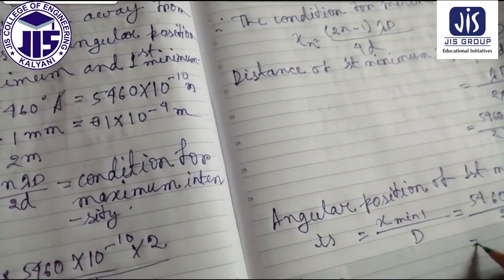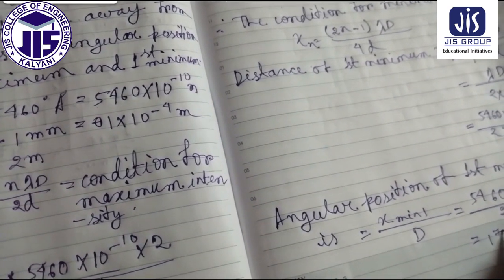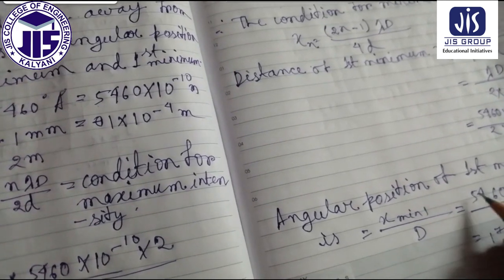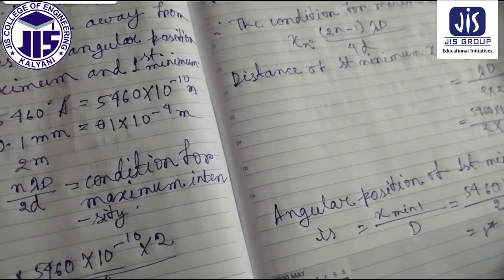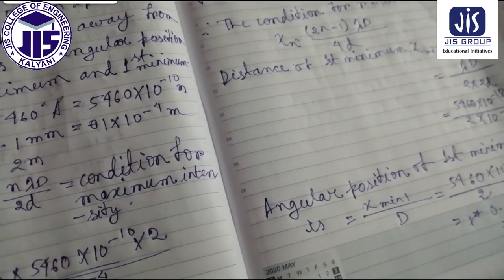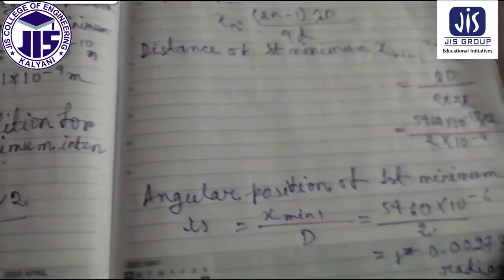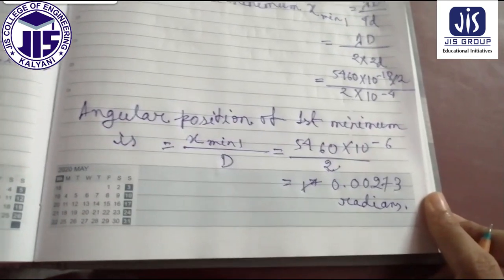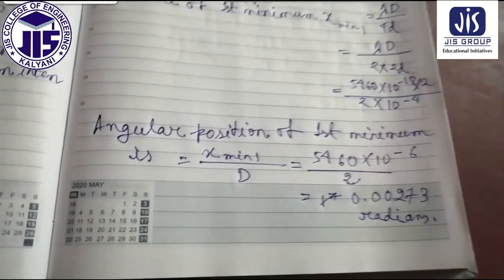So the answer will be 0.00273 radian. This is the answer. So the angular position of the first minimum is this.